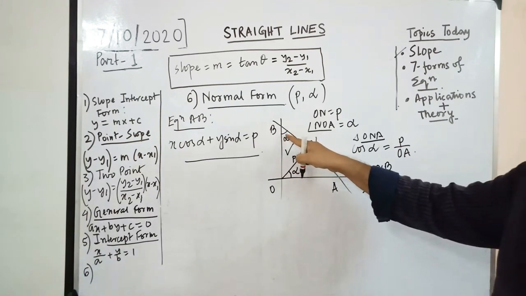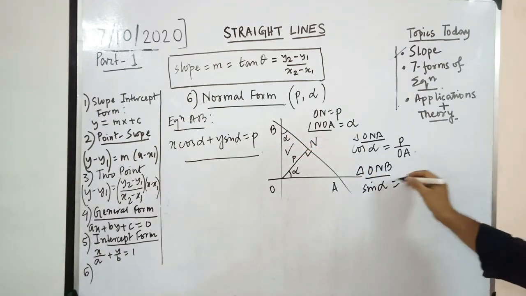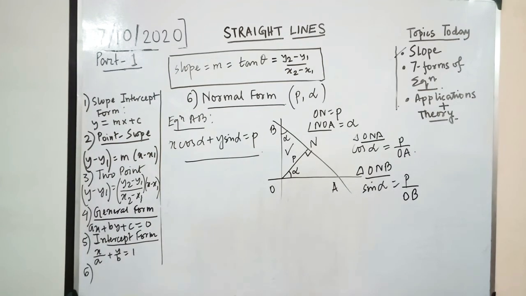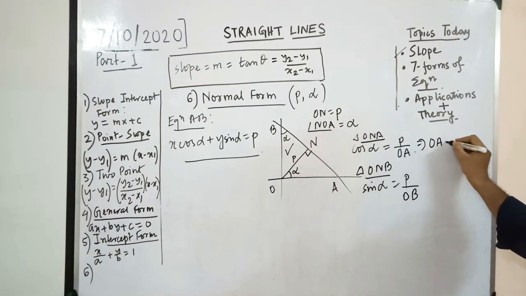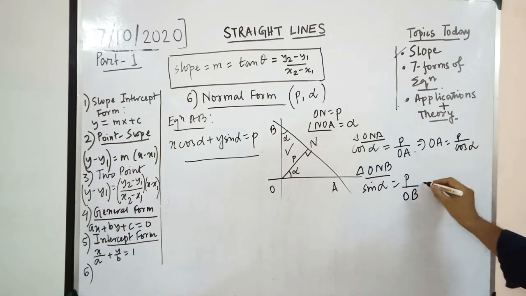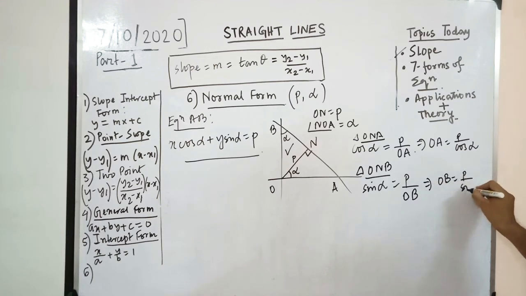If this is the base angle and this is 90 degrees, then it is perpendicular by hypotenuse, so it will be P by OB. So what is OA? OA is P by cos alpha. And from here, OB is P by sin alpha. You got it? OA and OB I got like this.